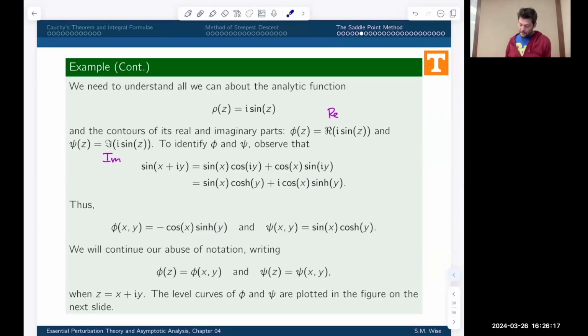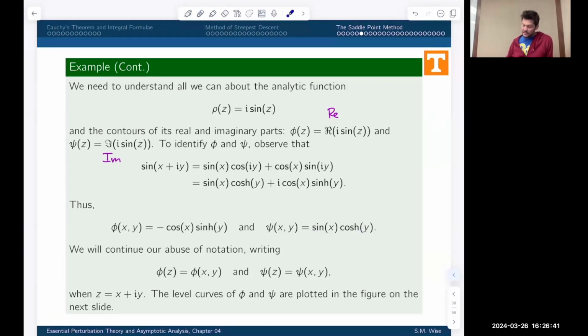Remember, i squared is minus 1. And the imaginary part is just this function here, sine x cosh y. So minus cosine x sinh y and sine x cosh y comprise the real and imaginary functions.